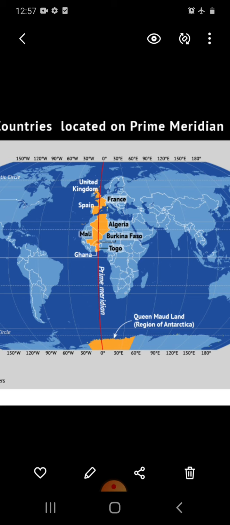So it is known as the prime meridian, and the local time at the prime meridian is known as Greenwich Mean Time. Worldwide, based on the Greenwich meridian, the world is divided into 24 time zones with a time difference of 1 hour. These are known as time zones. Okay, these are the features of the longitudes.